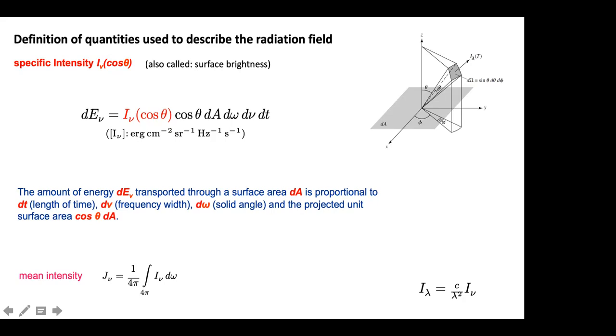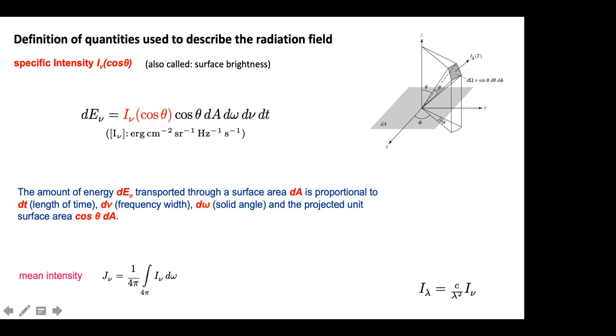So this is the total energy coming from there, and it is proportional to the area, to the solid angle, to the interval of frequency, and to the time of emission. And the quantity of proportionality is the specific intensity.